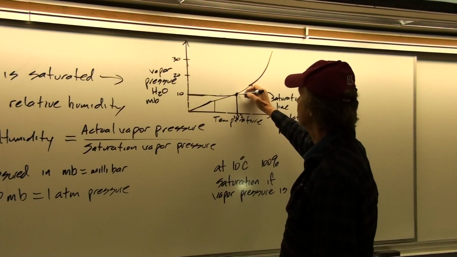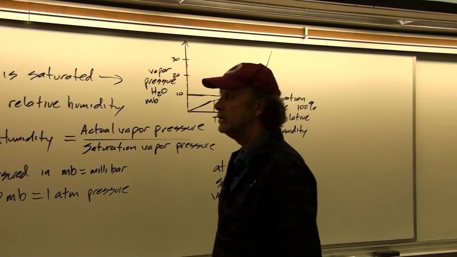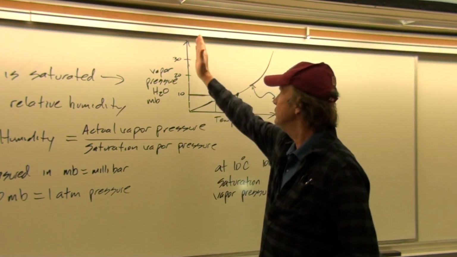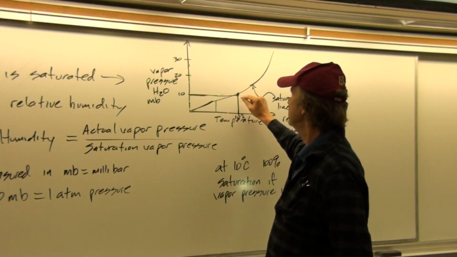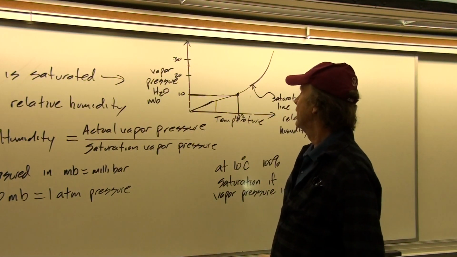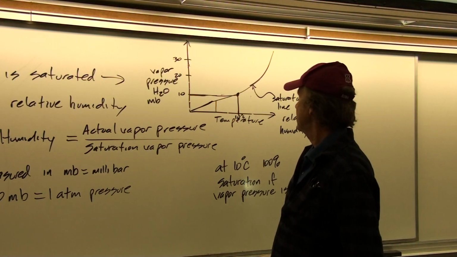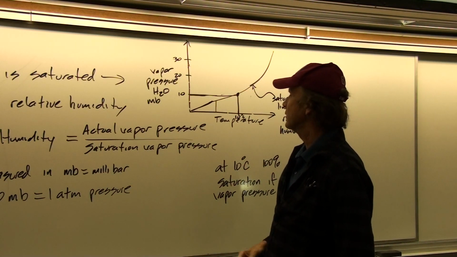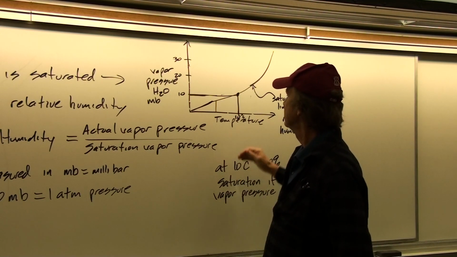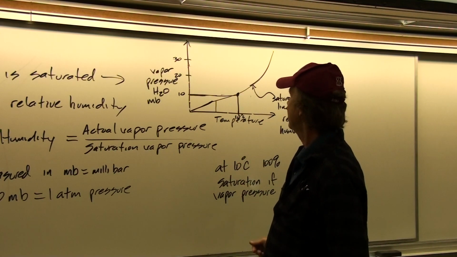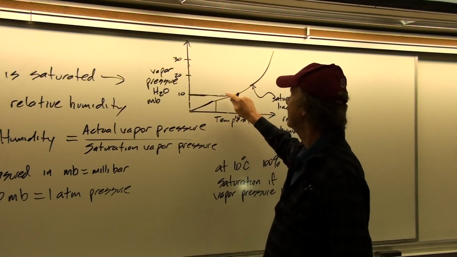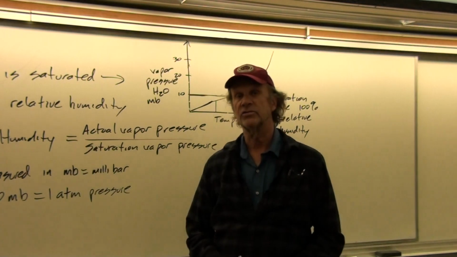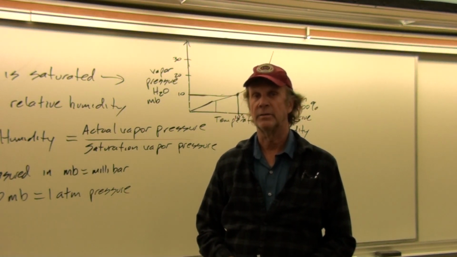Okay, so this comes straight off the curve. So I could either, on a quiz or exam, give you the curve and tell you that the saturated water mixed in with the air is at 10 degrees centigrade, and then you could read off and see that the saturated vapor pressure would have to be 10 millibars.